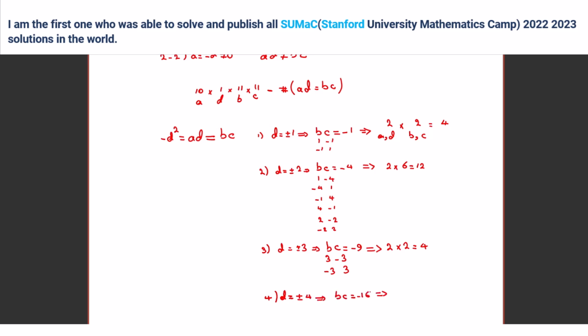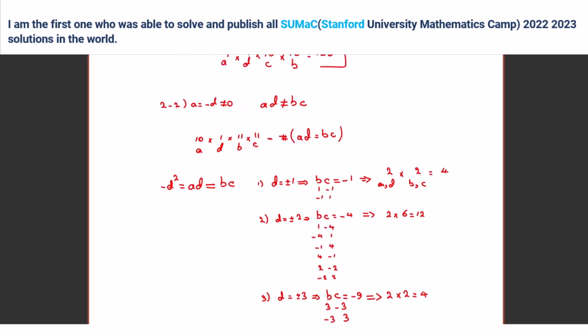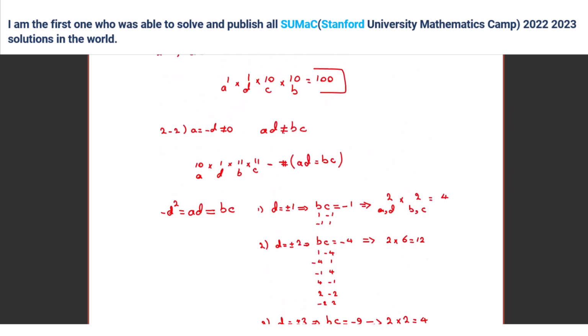So how many cases do we have? 2 times 2 is 4, because we can only write 4, negative 4 and negative 4, 4, since they are from negative 5 to 5. And last case, D is equal to plus minus 5. So BC is equal to negative 25. How many cases do we have? Exactly 4.